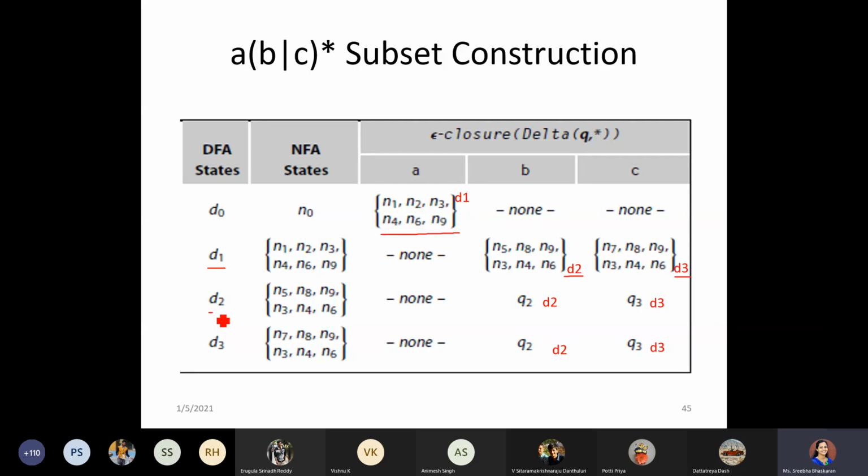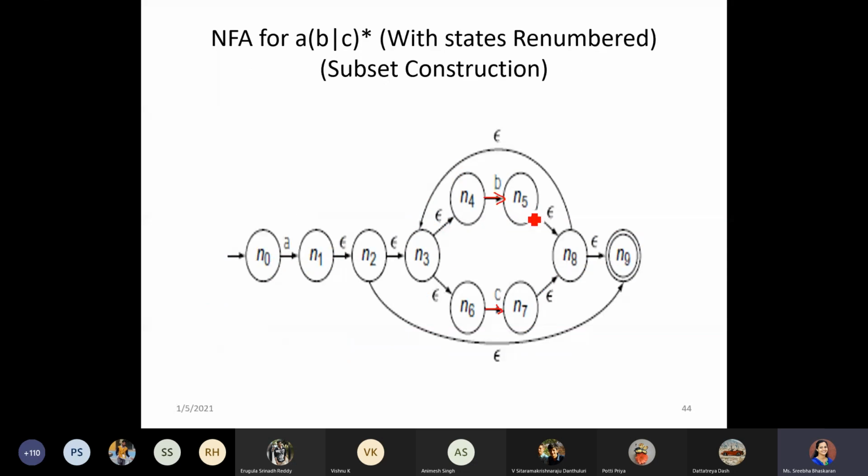First I will pick the D2 contents and see the transitions. D2 contents are N5, N8, N9, then N3, N4, N6. Now with respect to the A transition, out of all these states, do we have any transition with respect to A? We don't have, so it will be an empty list, nil or lambda.